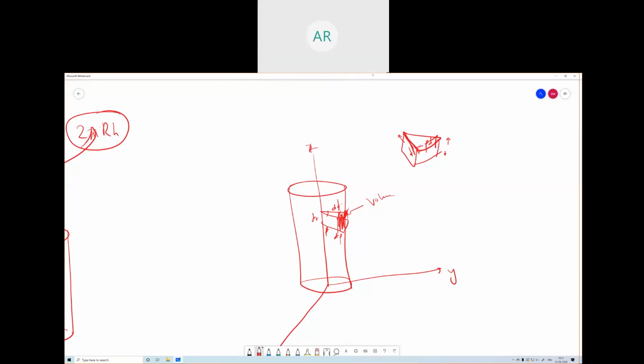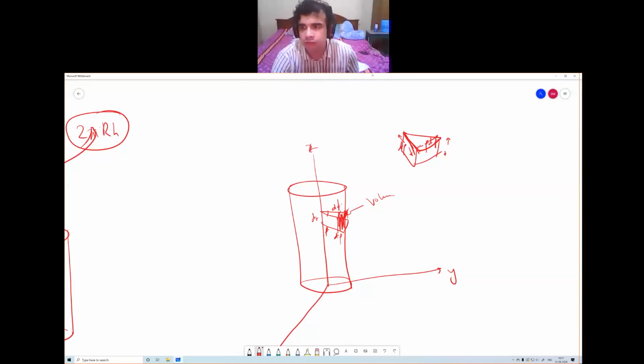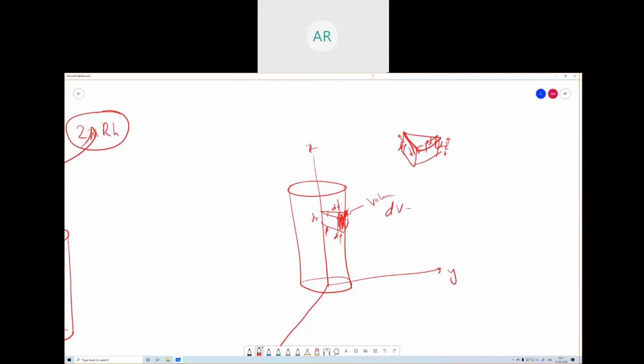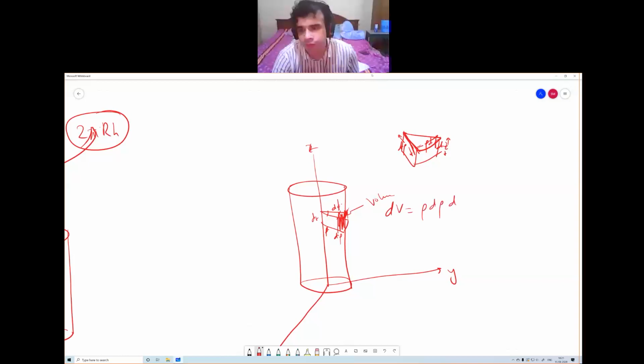Yes, exactly, you're right. And what is this one, the height? dz. So what is the volume? dV equal to rho d rho d phi dz. This is the volume of this slice.